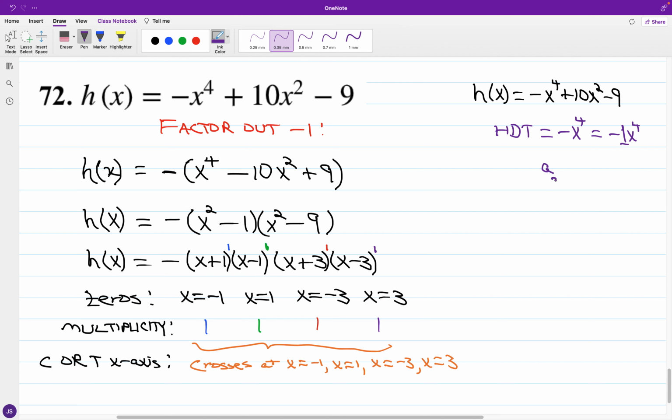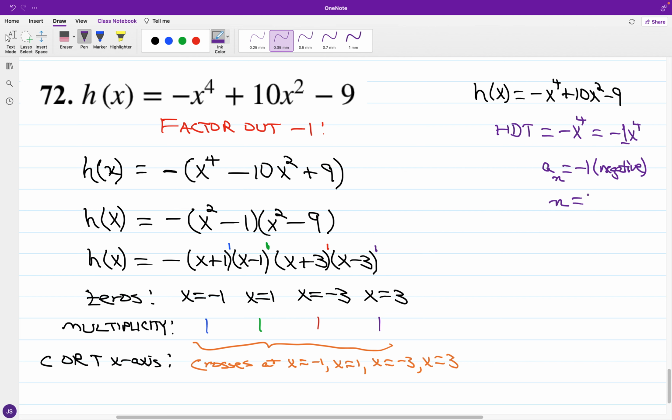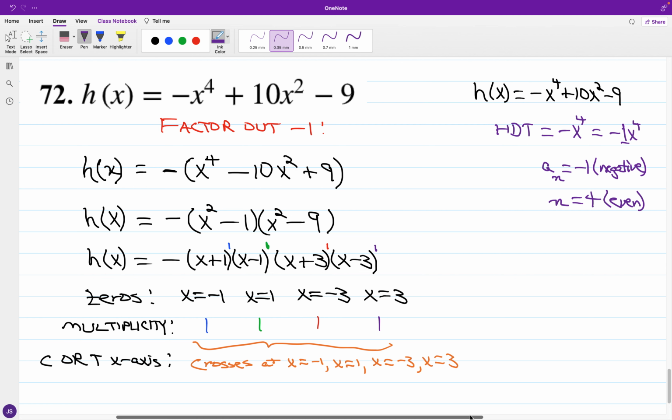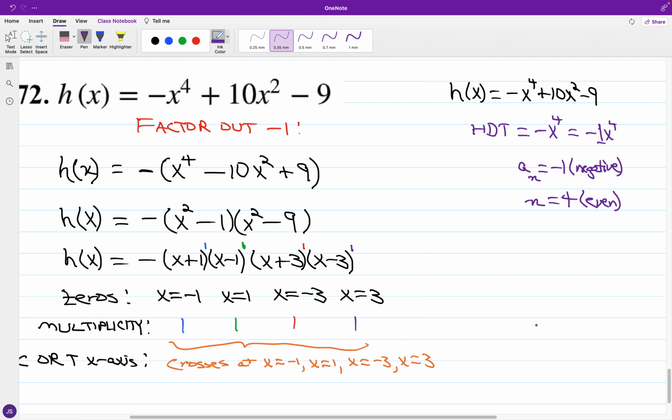And again, just with the leading coefficient, you have minus 1. So you have a negative, and for the degree n, we have 4. And that is even. So with the combination of the leading coefficient as a negative and with the degree of the function as an even value, we'll have for the end behavior this time, down to the left and down to the right.